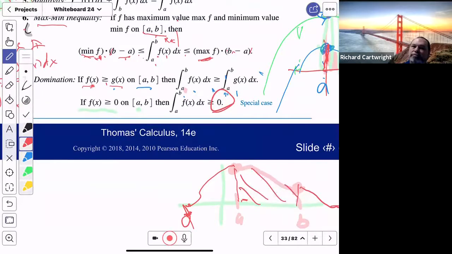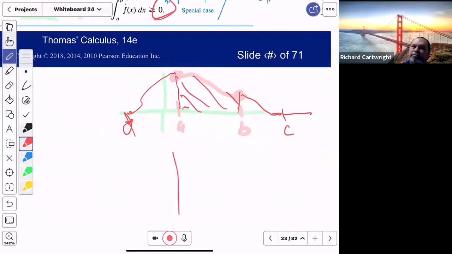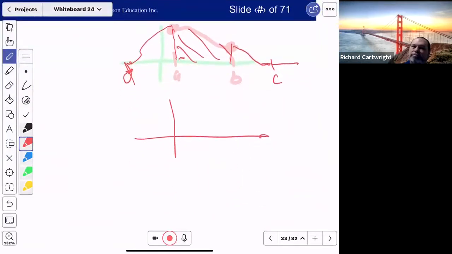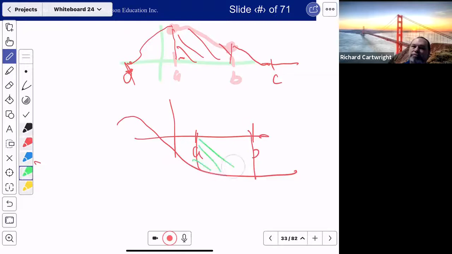And the opposite is also true. He didn't bring this up: if your function is always less than 0 from a to b, this area, wait for it, is negative.